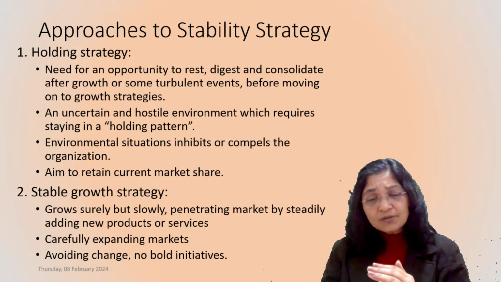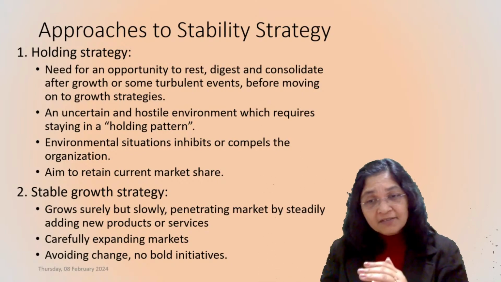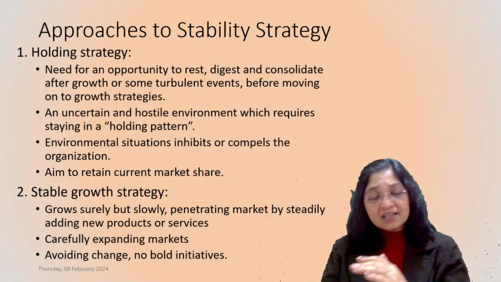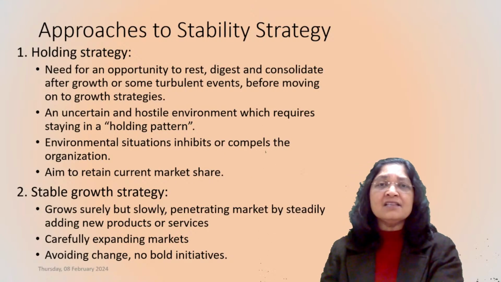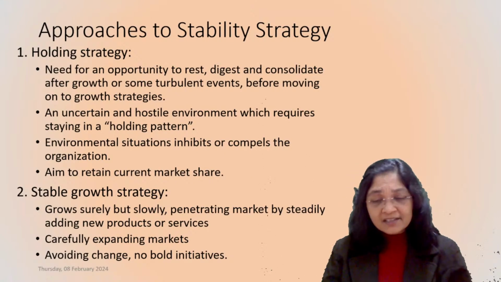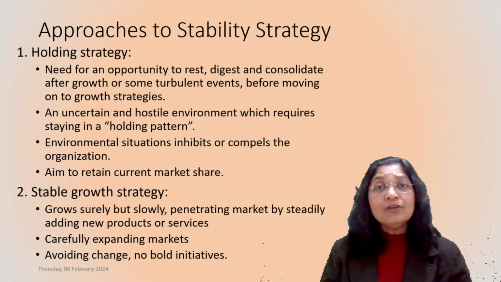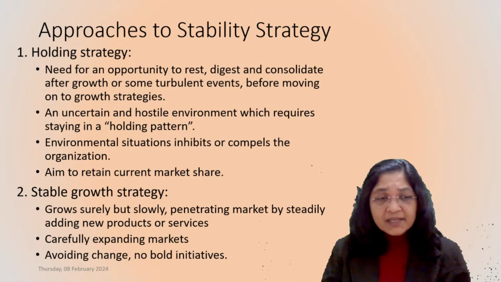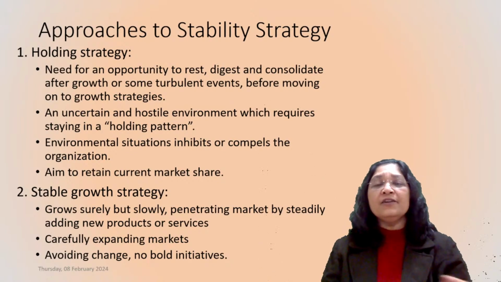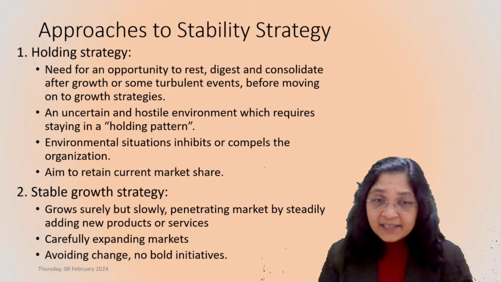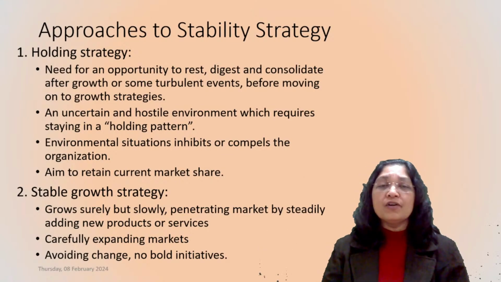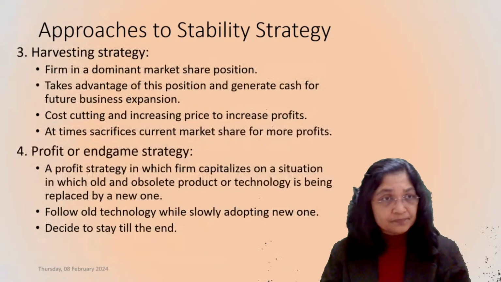Gradually we try to penetrate the market, steadily increase our operations and our market share, not by suddenly launching products, but by gradually adding new products and services to the already existing basket of products or services.